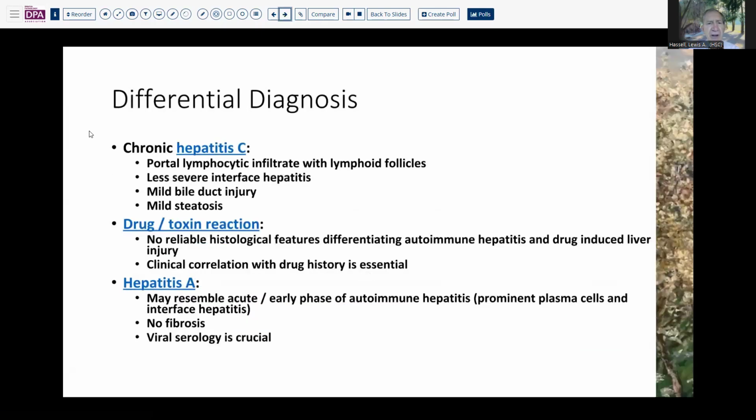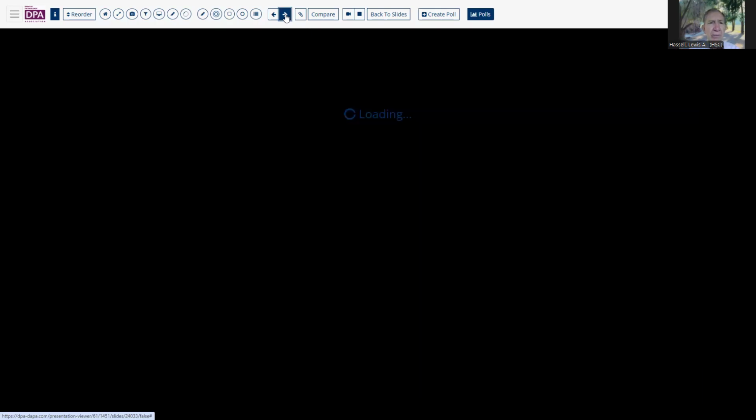In terms of the differential diagnosis, we certainly want to consider hepatitis C most commonly, but also hepatitis A, which can in an early phase resemble autoimmune hepatitis. Drug or toxin reactions can certainly also occur in this situation, and so evaluating the drug history is important.